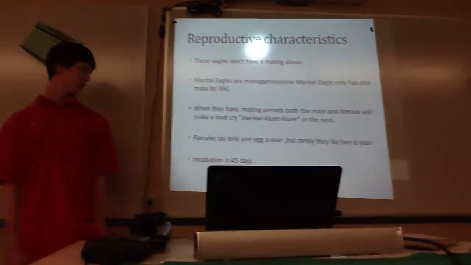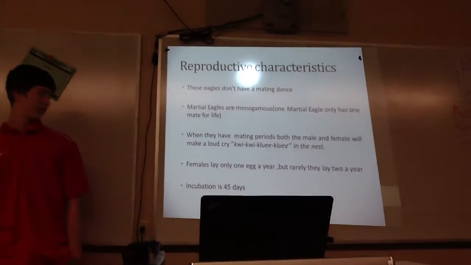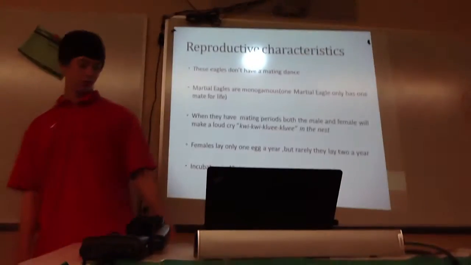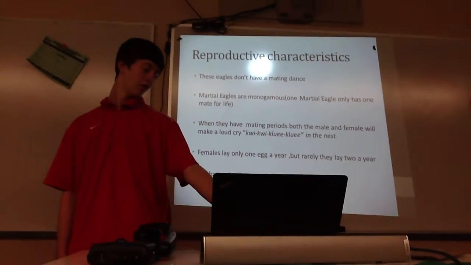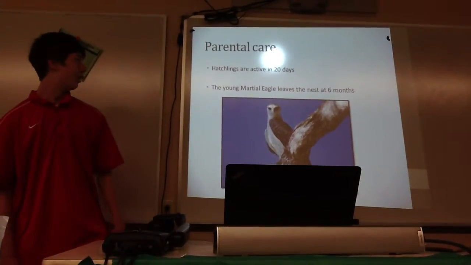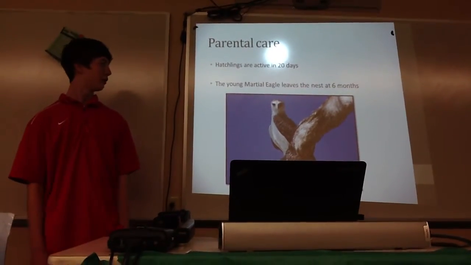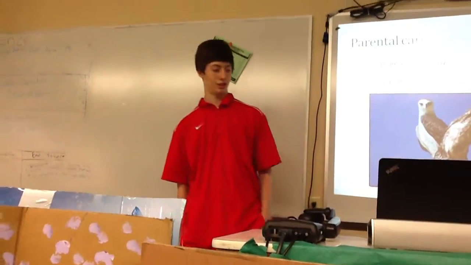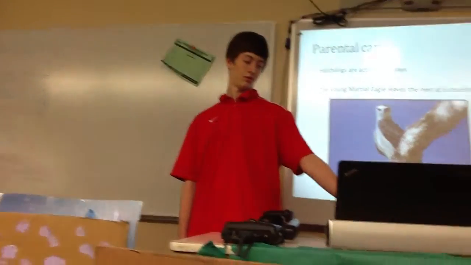And the females only lay 1 egg a year, but they can rarely lay 2 eggs. And the incubation is 45 days. The hatchlings are active in 25 days, and the young Martial Eagle leaves its nest in 6 months into the wild.